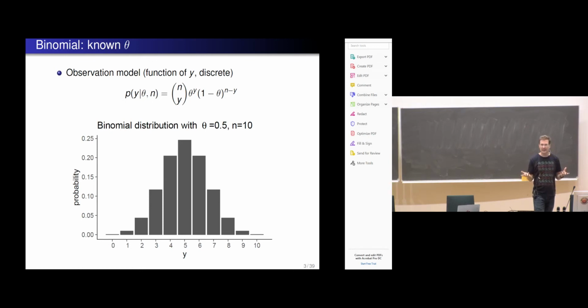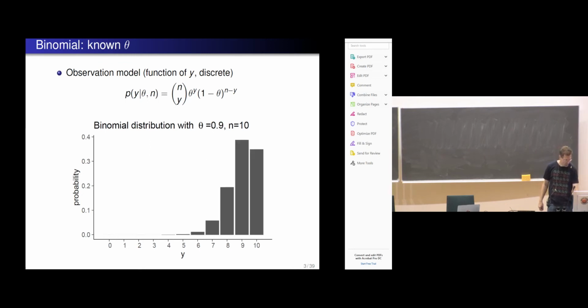If we still have equal probability for red and yellow, and then make 10 repetitions, this is a discrete distribution showing how probable it is that a certain number of reds would come up with 10 observations. And on the other hand, if theta is such that 90% of chips are red, then this discrete distribution has higher probability for the large values. But these are now for the observation model.